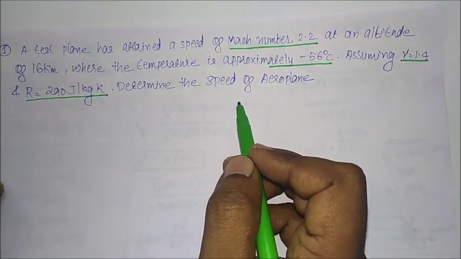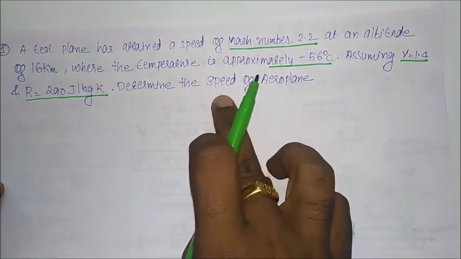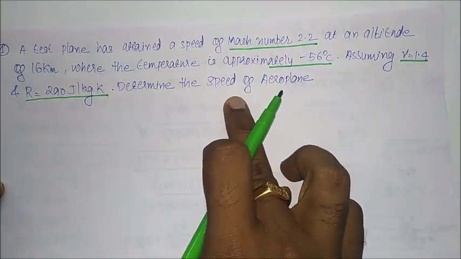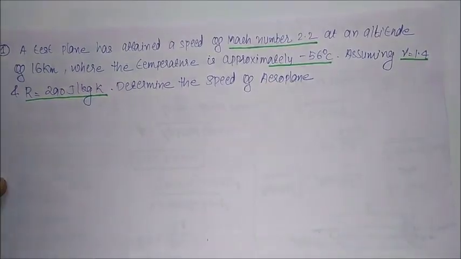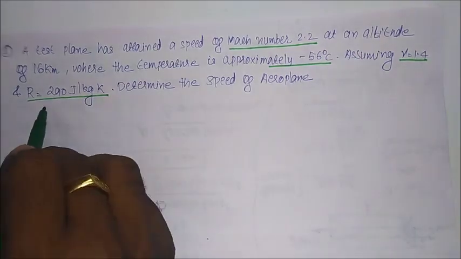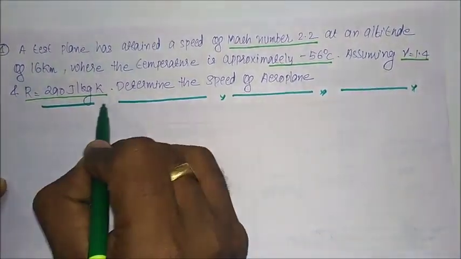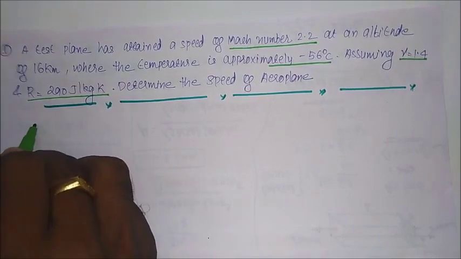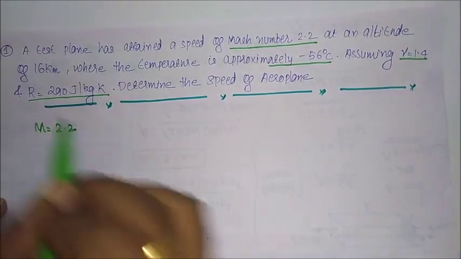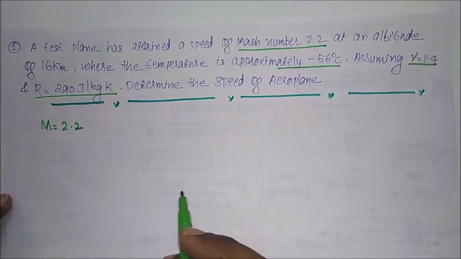We have to find out the speed of the aeroplane, that is, the speed of the object or the speed of the flow. A test plane has attained a Mach number M equal to 2.2 at an altitude of 16 km.